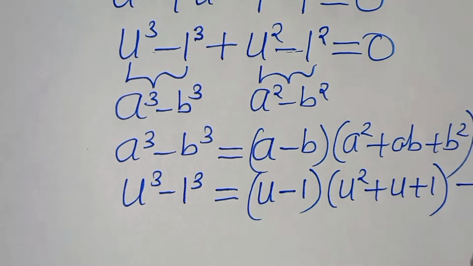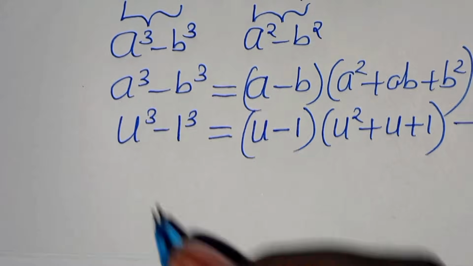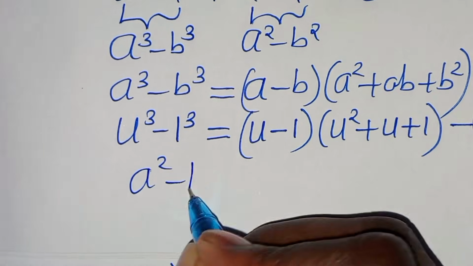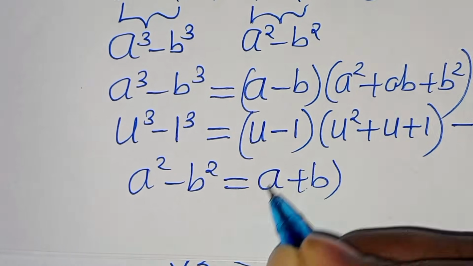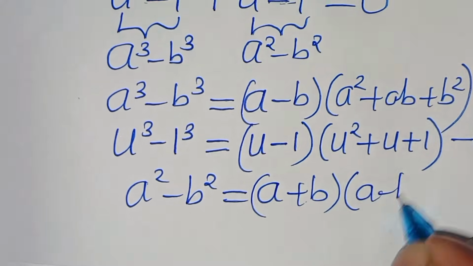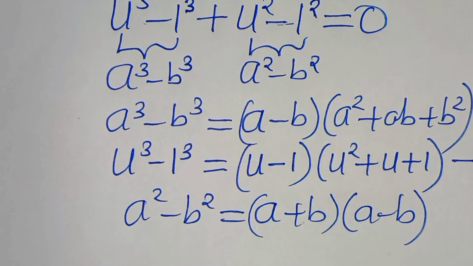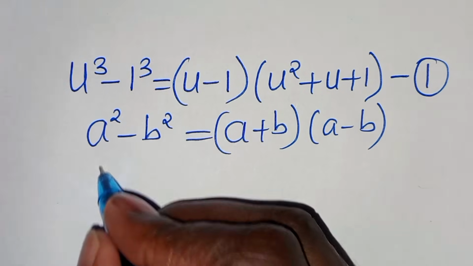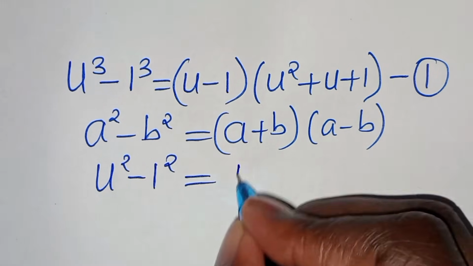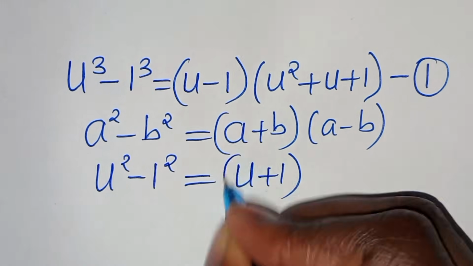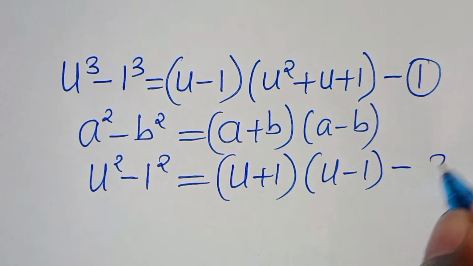Let's call this equation 1. Then a to the power of 2 subtract b to the power of 2 can be expressed as a plus b multiplied by a subtract b. This is the difference of 2 perfect squares. Now the second part is u to the power of 2 minus 1 to the power of 2, which we can express as u plus 1 multiplied by u subtract 1, and let's call this equation 2.